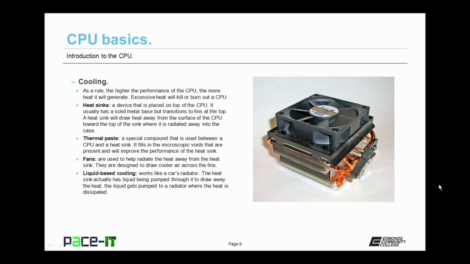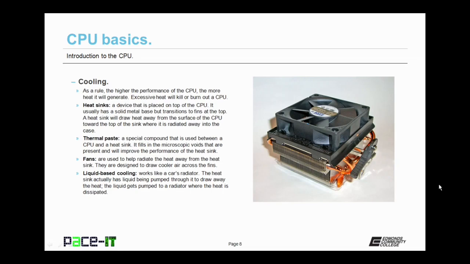To help improve the efficiency of the heat sink, we use thermal paste. It's a special compound that is used between the CPU and the heatsink. It fills in the microscopic voids that are present and will improve the connection between the heatsink and the CPU, thus improving the heatsink's performance. Fans are used to help radiate the heat away from the heatsink.